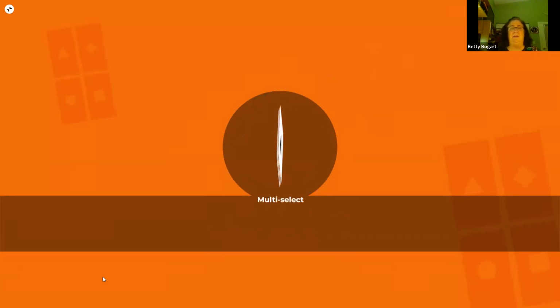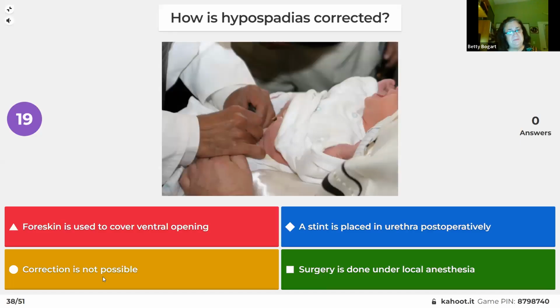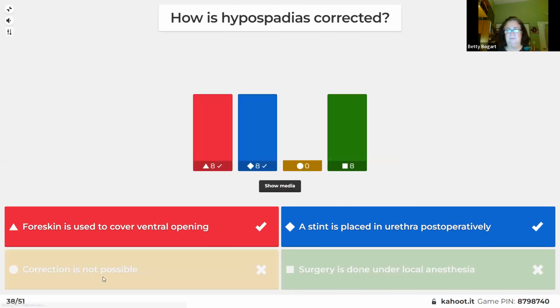A multi-select. How is a hypospadias corrected? So the foreskin is used, we use a stent.